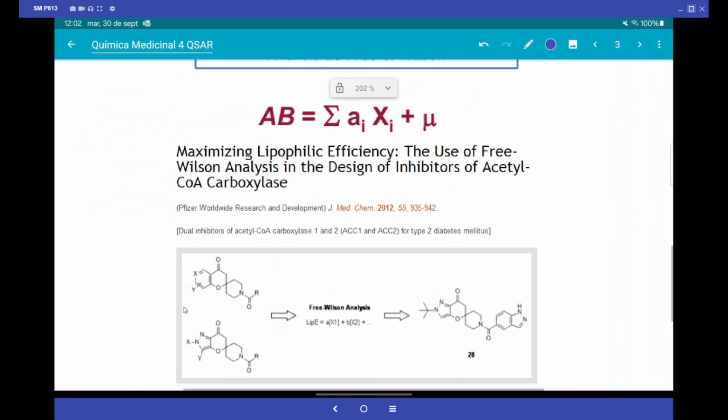An example of this century, 2012, published in this journal, Medicinal Chemistry, by researchers from the Pfizer laboratory, that is Pfizer Pharmacy. I told them they were the first to put their eye on this when they said it can be predicted. And then we are going to save millions.